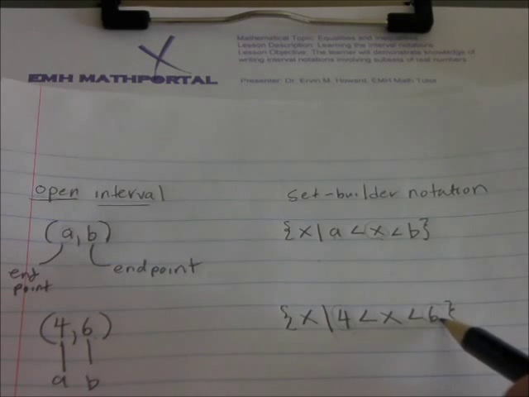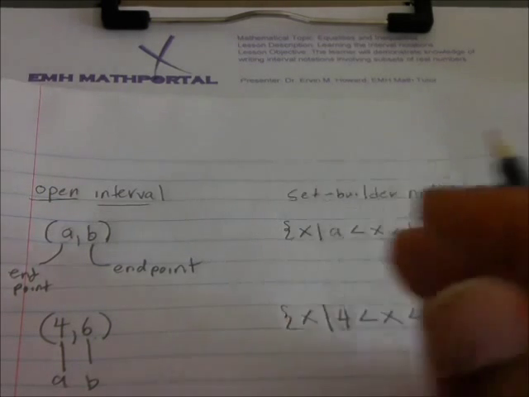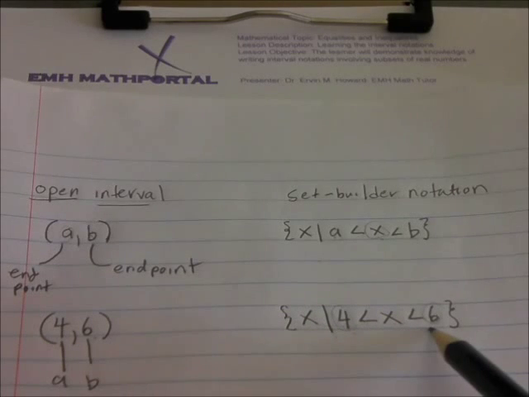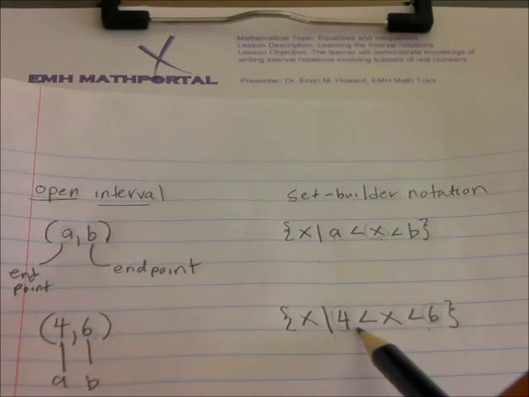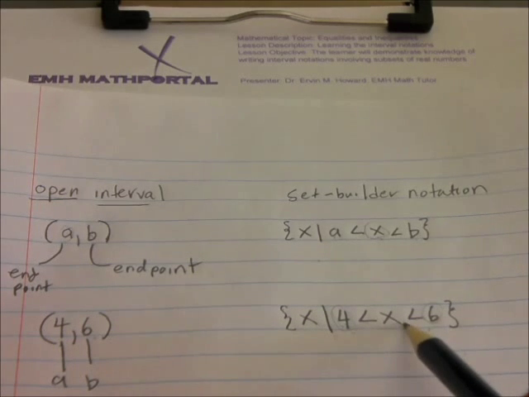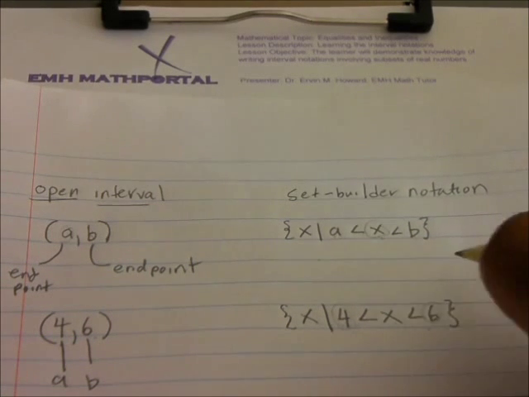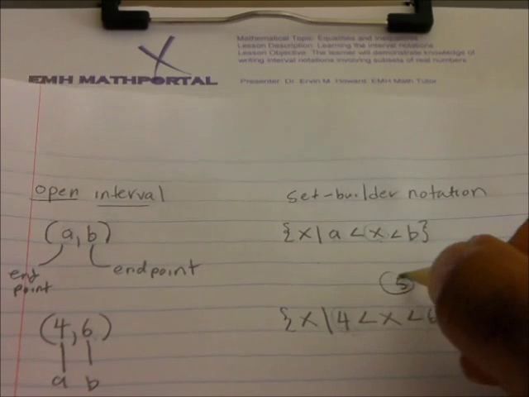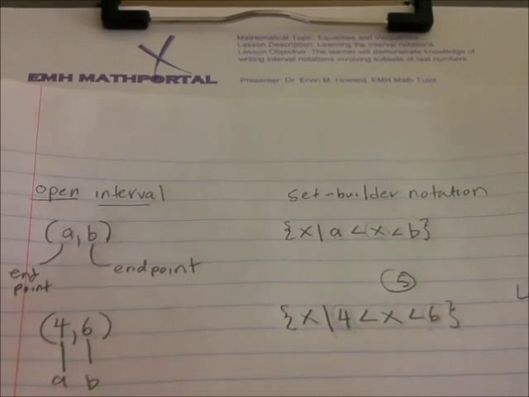And at the same time, the 6 represents the endpoint where all the numbers will stop, and the numbers begin just above 4. It's simpler to say, let X equal 5.